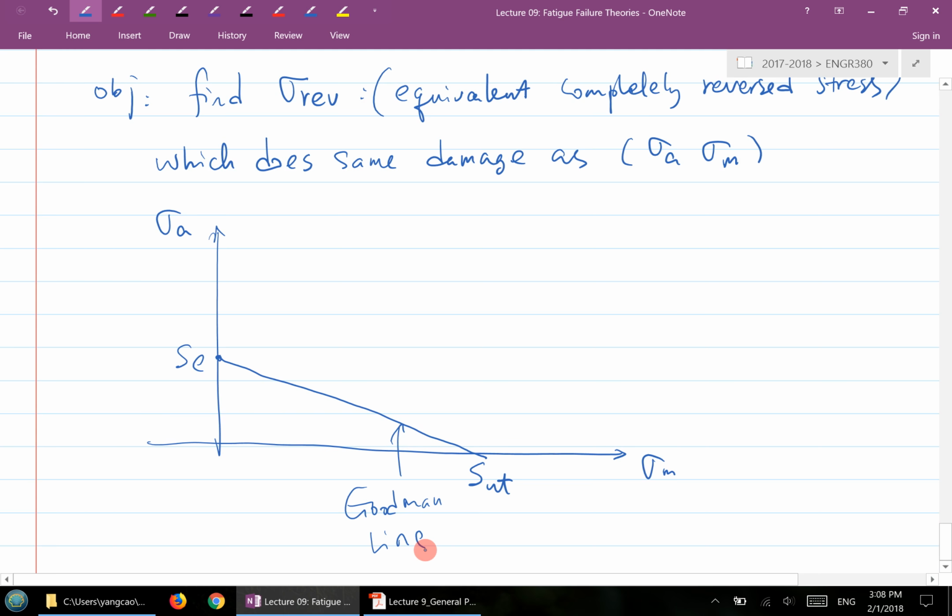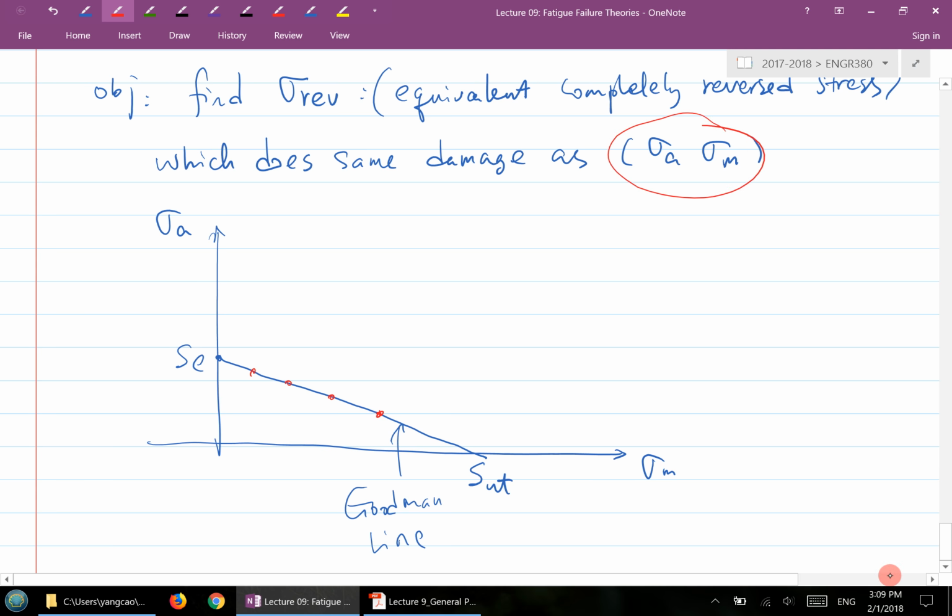You remember what I said when we talked about this criterion. If I pick any point on this modified Goodman line, what's the commonality? Every one of the points will have a life of the same number, 10 to the 6. Very good.